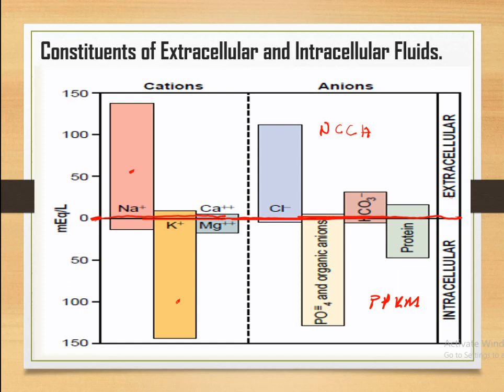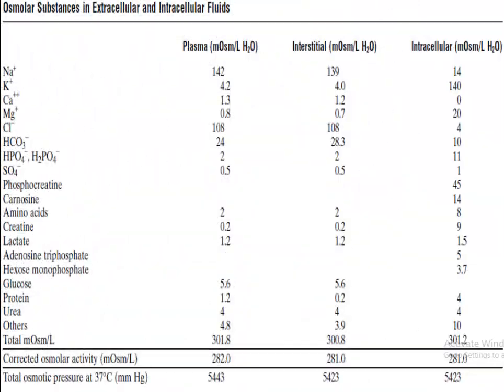Please make sure that you know that the outside has a lot of sodium, a lot of calcium, a lot of chloride, and a lot of hydrocarbonate. When you do your research, there are more tables like these, so go through them and check the values.